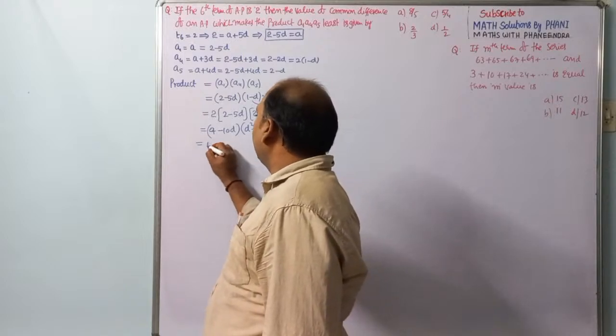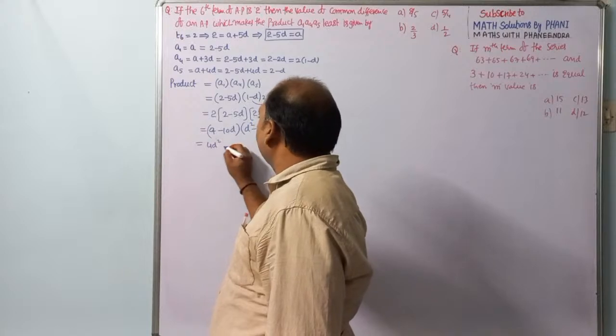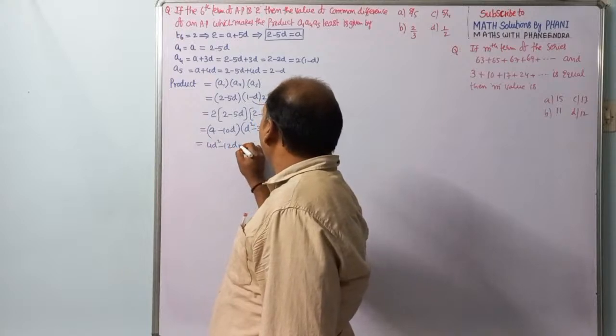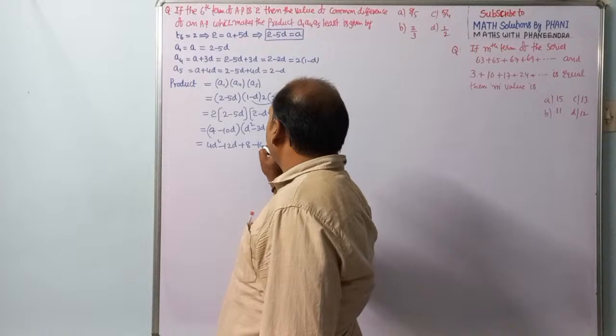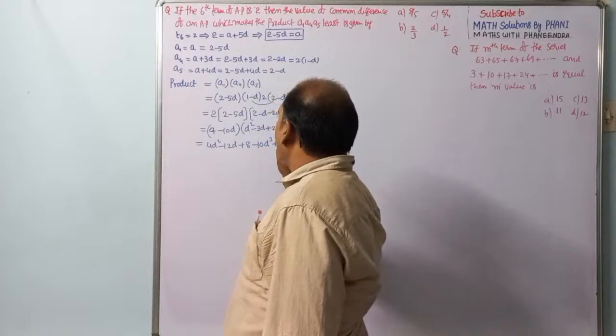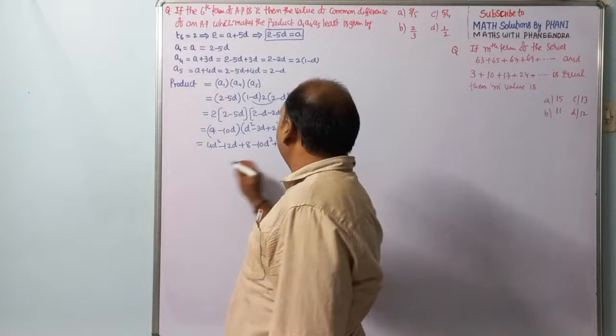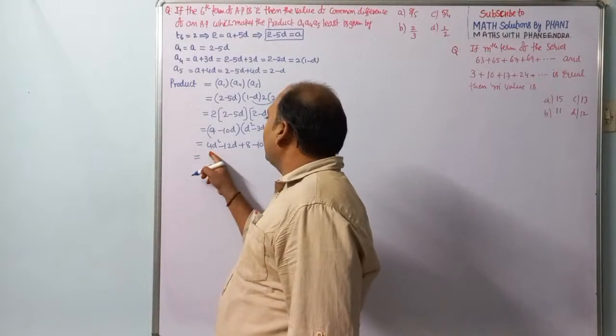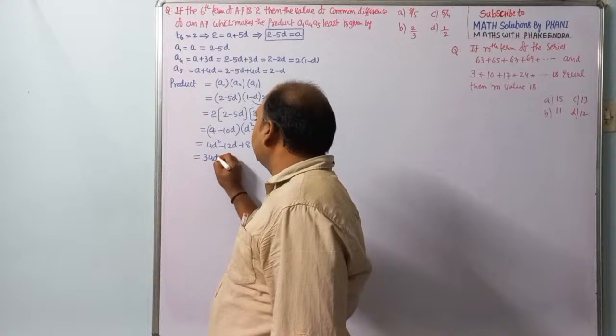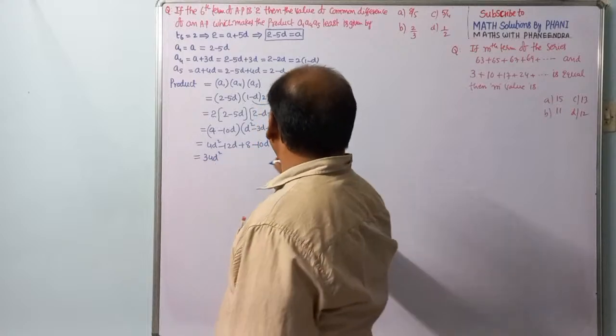So first multiplying 4D square minus 12D plus 8 minus 10D cube plus 30D square minus 20D. 30D square plus 4D square, 34D square minus 12D.